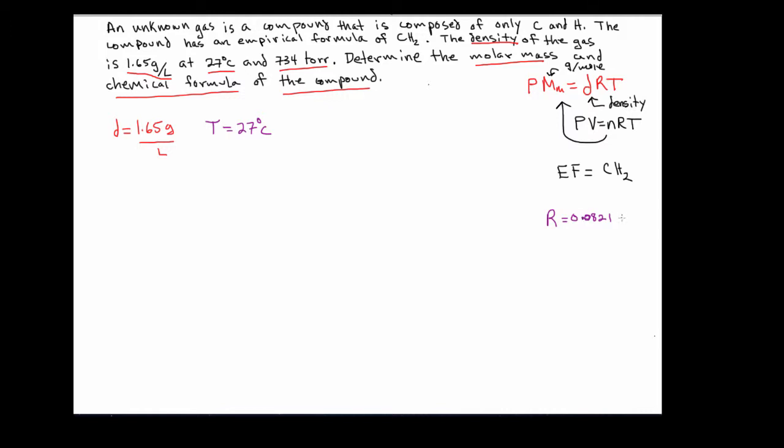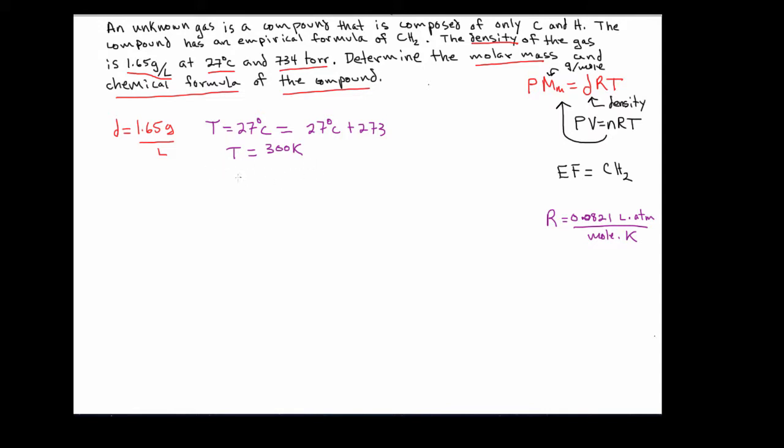Most importantly, you need to understand that the units on this constant are liters times atmospheres divided by mole times Kelvin. So my point is that the temperature was given to us in degrees centigrade and it needs to be in Kelvin. So we take the degrees centigrade and add 273 to get the Kelvin temperature. So T Kelvin in this case is going to be 300 K.